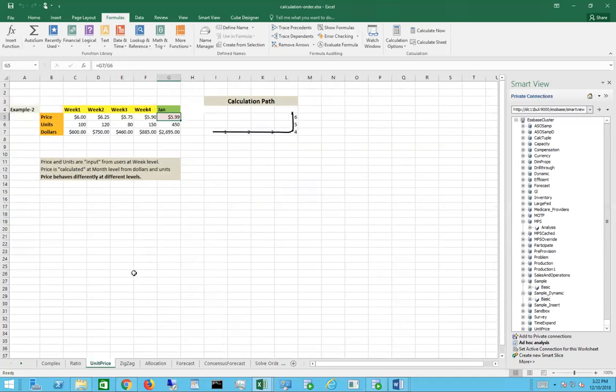Similarly, if you go to unit price, this is another pattern where the price and units are loaded at a weekly level, and dollar or revenue is computed at a leaf level, right? The price is input at a weekly level, but it is computed at a monthly level, right? The arrows are reversed. So here what you have to do is compute dollar at a weekly level, then aggregate the unit, but the price is then derived.